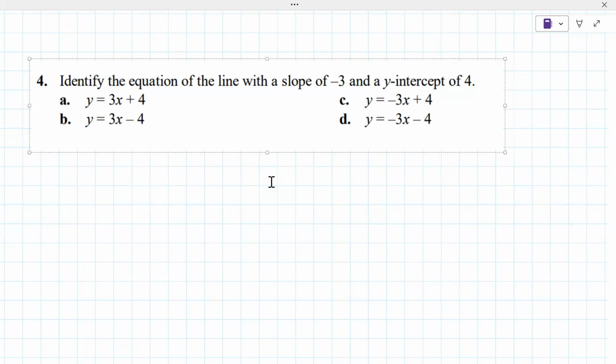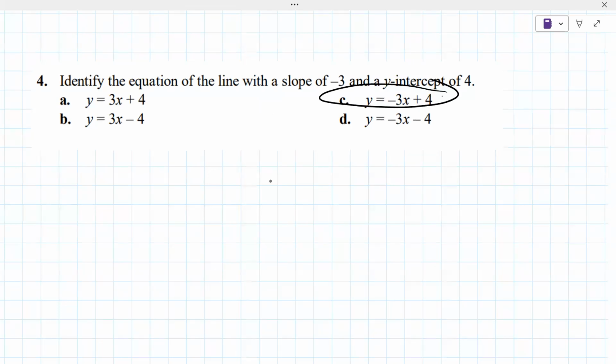Would it be C? Yes, that is correct. Very good. Let's try another one here.